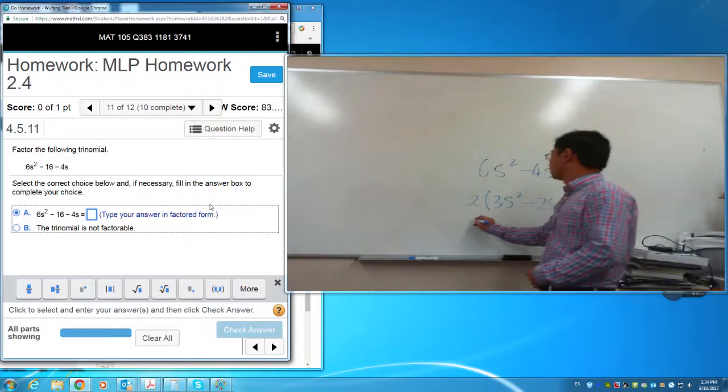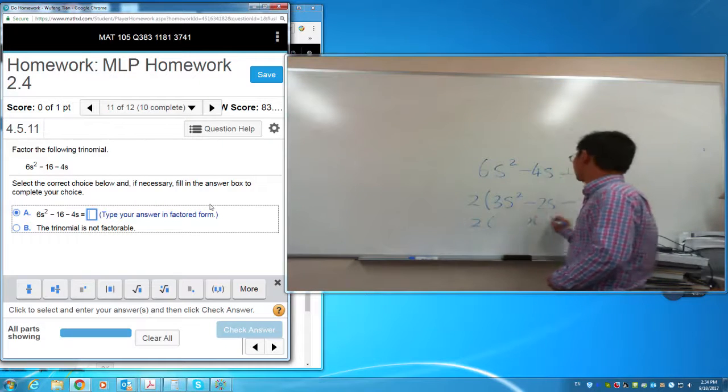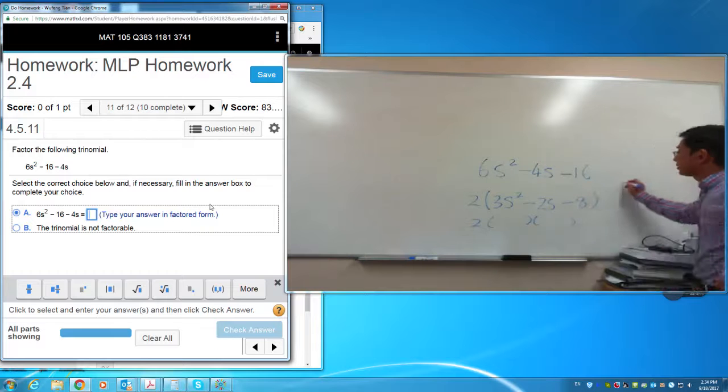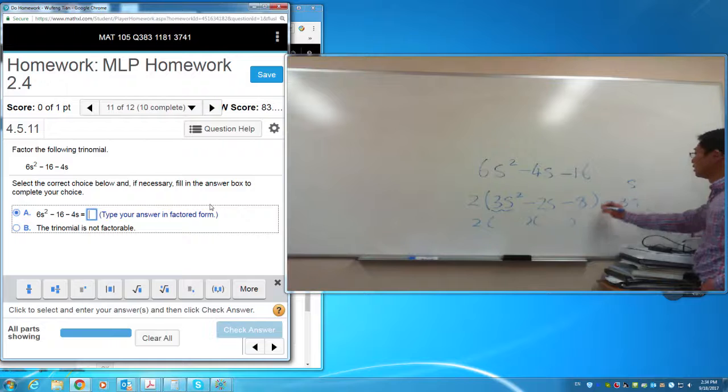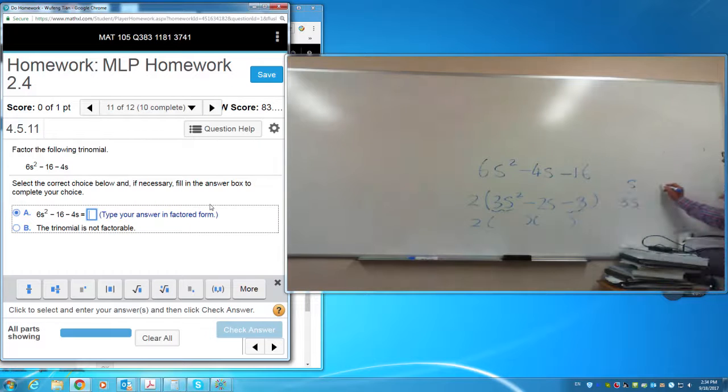Now 2 times 2 factors. So first factor as s times 3s. This one can factor as negative 2 and a 4. So negative 2 and a positive 4. Check it. S times 4, 4s. 3s times negative 2, minus 6s, which is negative 2s.